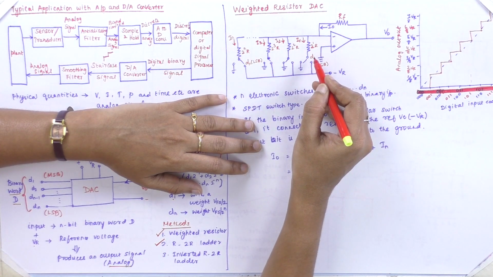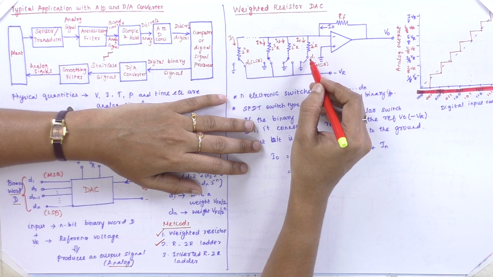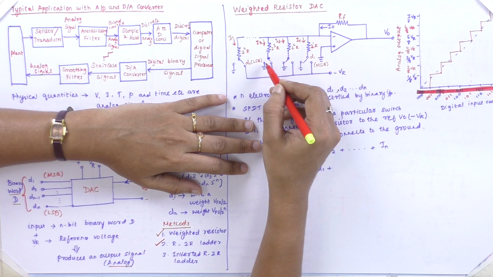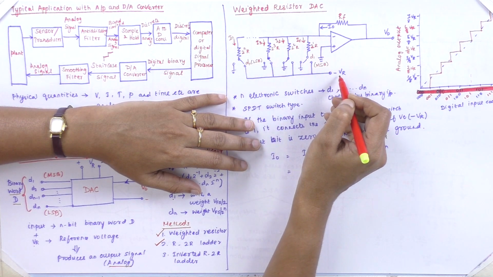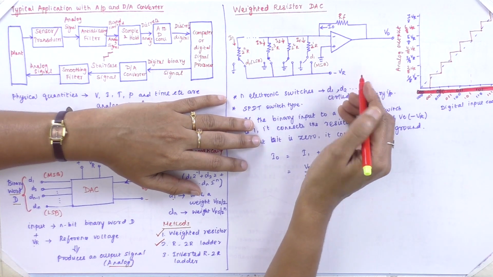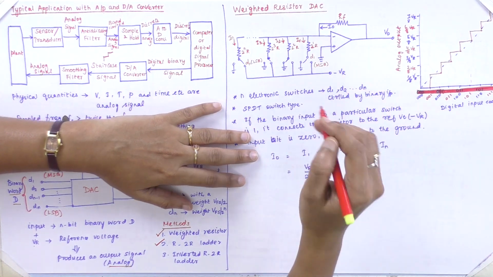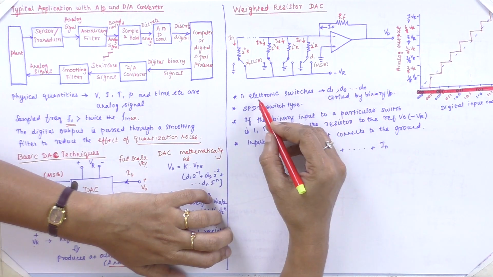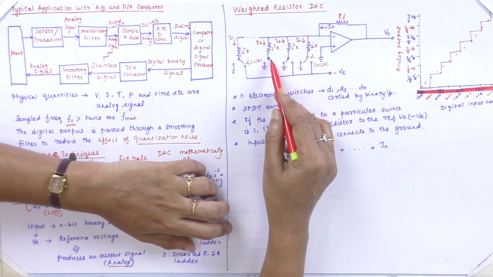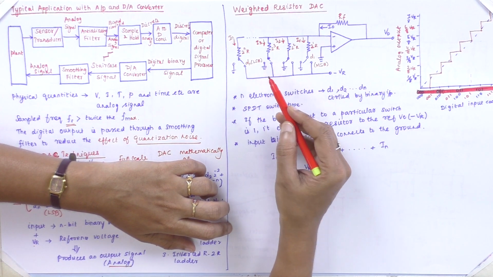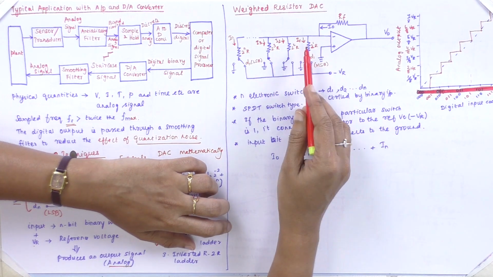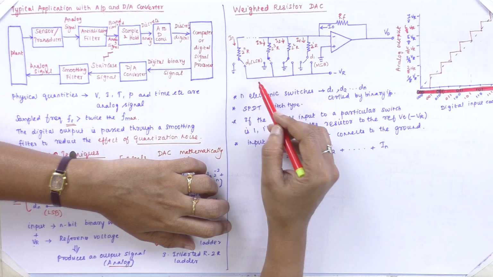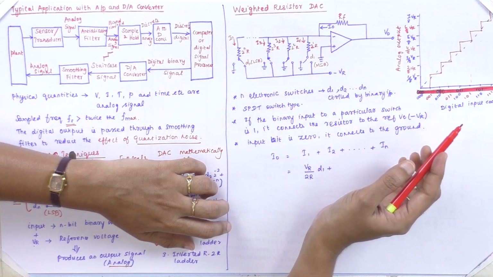Here I have given the connections: the terminals are either grounded or connected to minus VR, which is the reference voltage. That is what is quoted, N electronic switches, or we call them single pole double throw switches. These switches D1, D2, D3 are controlled by the binary input values.